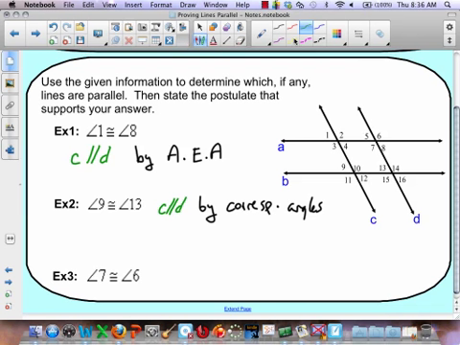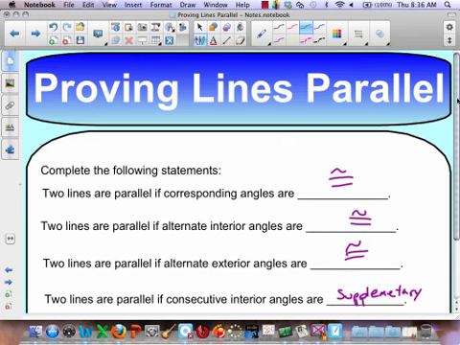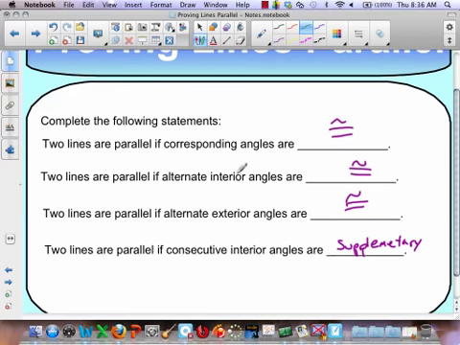Okay, why A and B? Bailyn? Here we go. We don't have enough information with number 3, because what type of angles are 7 and 6? Vertical angles, right? Okay, let's go back to our list. If the lines are parallel, they have to satisfy one of these 4 categories.